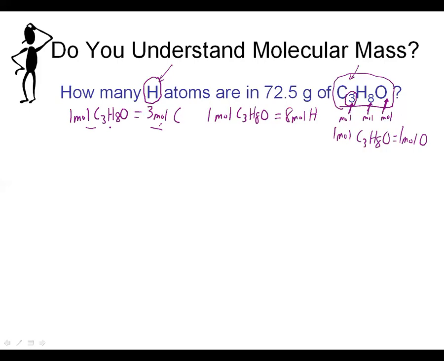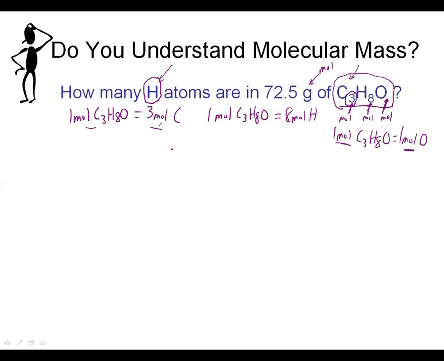And what we are interested in is the hydrogen. But in order to do that, we do have to do a conversion first. We are in grams of the whole thing. All these guys here from the formula are mole to mole relationships, which means the first thing we need to do is convert these guys into moles. So in order to convert the 72.5 into moles, we do need the molar mass of this whole thing.